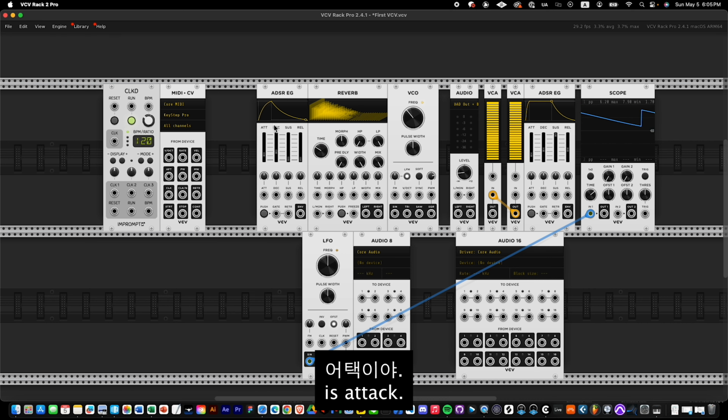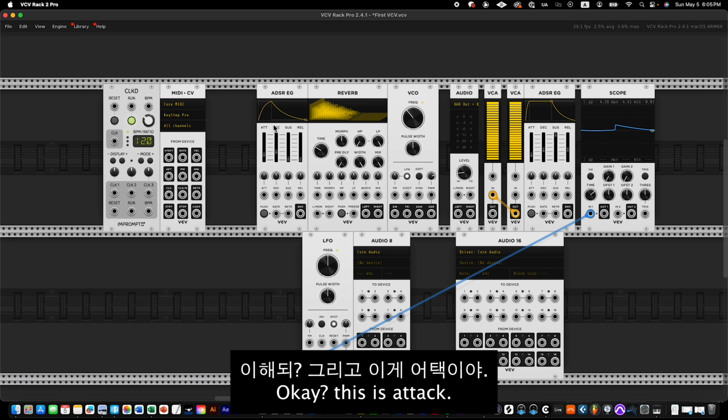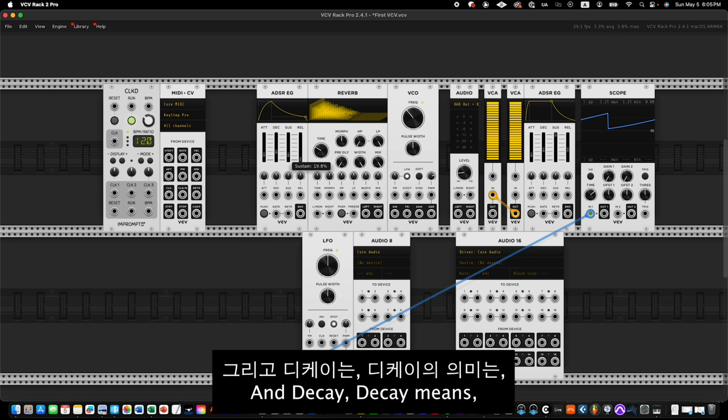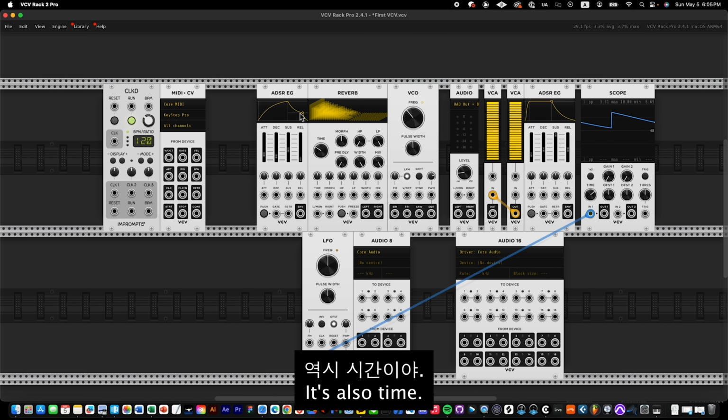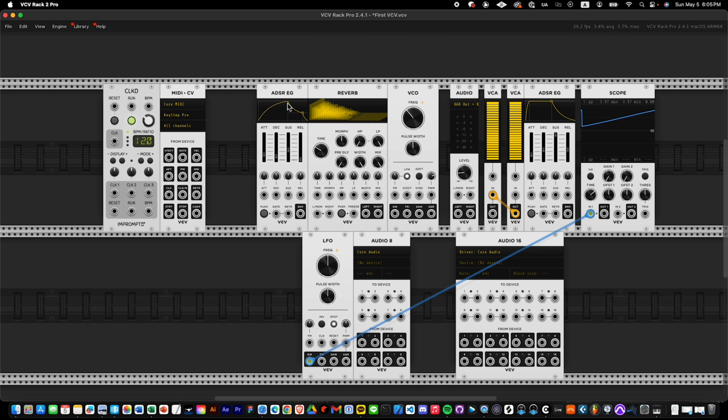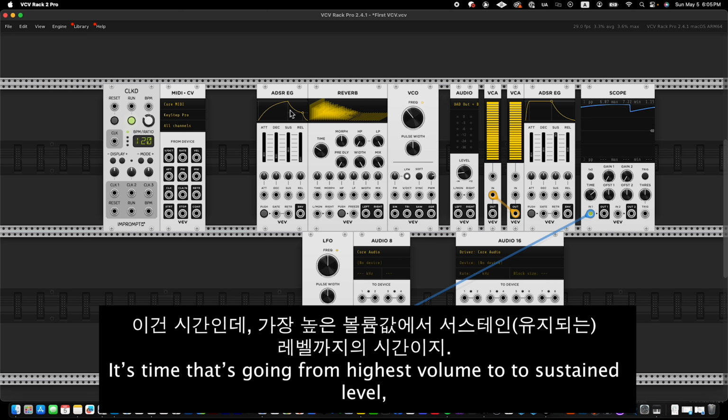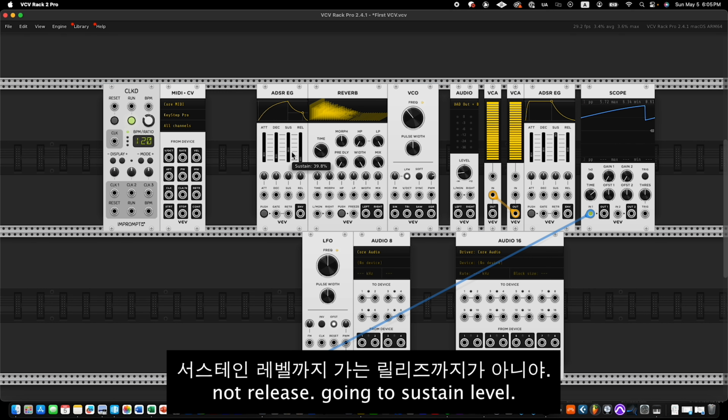Decay is the time going from the highest volume to the sustain level, not release.